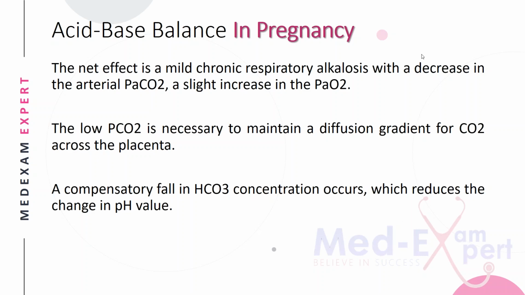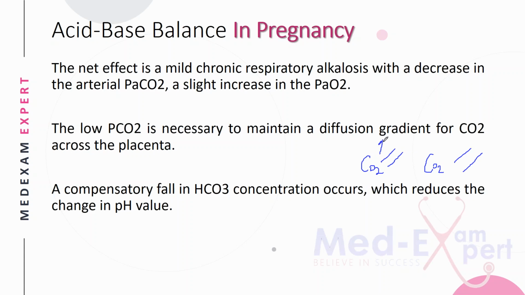And this is very important because I need a diffusion gradient for the carbon dioxide to pass through the placenta. The fetus wants to get rid of the CO2 in its blood, so I must have a pressure gradient between the fetal and maternal circulation.